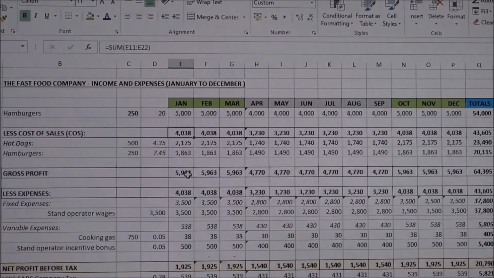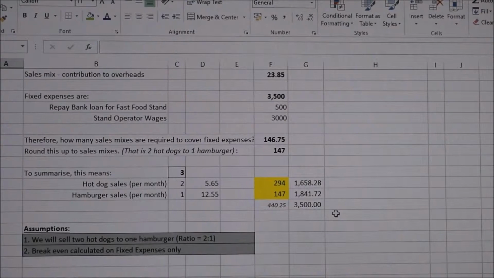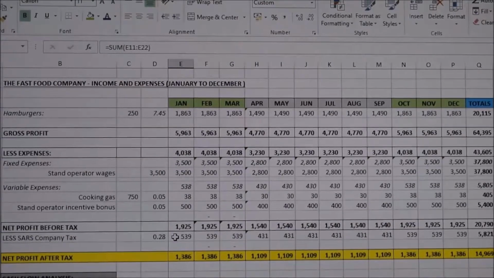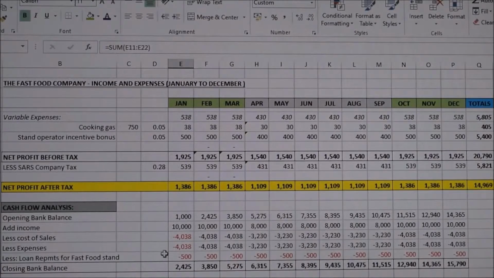And what happened is this worked, because now we have sold 500 hot dogs in the month of January and 250 hamburgers, which are way above the break-even figures that we needed to sell in our previous example. If you can recall, we needed to sell 294 hot dogs and 147 hamburgers. Now, we've actually sold 500 and 250 respectively. So for that, he earns a bonus. So that's also going to affect our cash flow. Our expenses have gone up, and we need to actually take that into account.